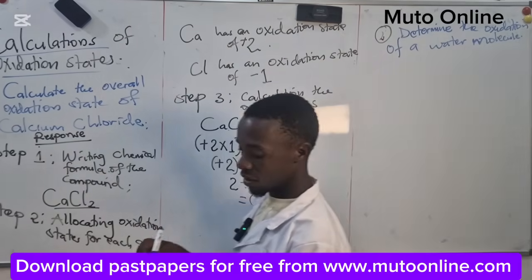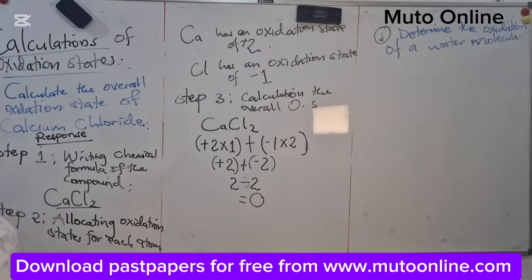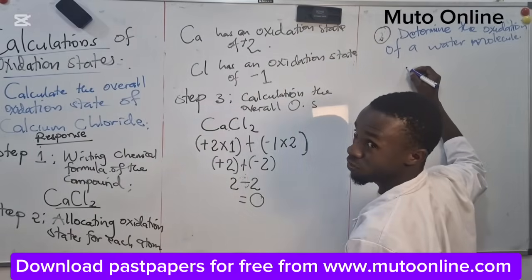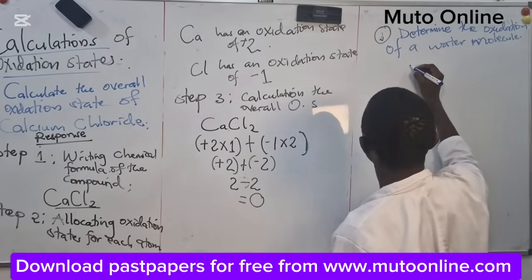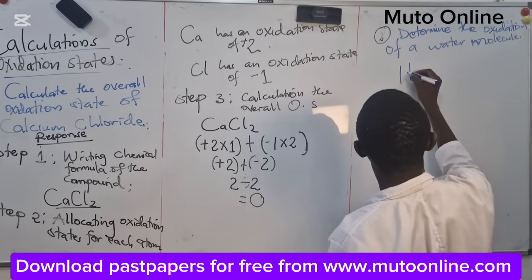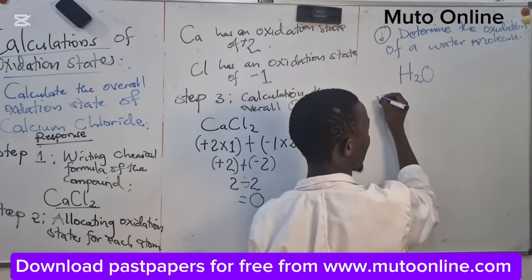So, determining the oxidation state of a water molecule, the first step is writing a chemical formula. The chemical formula of water is H2O.